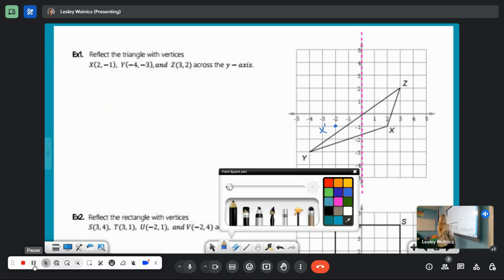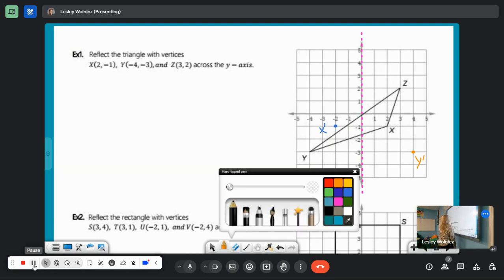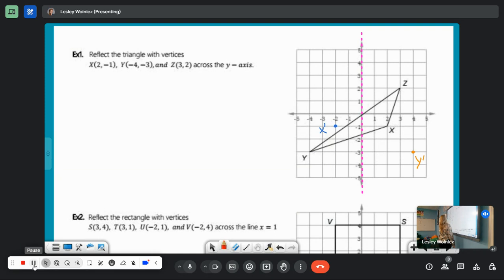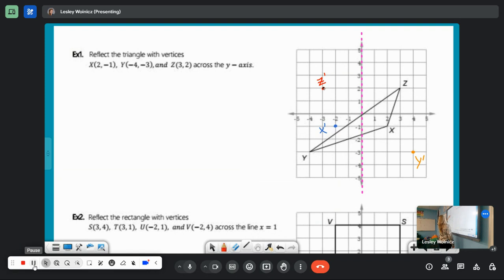How far to the left is point y? I see 4 also, so we're going to go 4 to the right. That's y prime. All right, what about z? 3 to the right, so we're going to go 3 to the left. Okay. I'm going to use my straight edge and connect my points.